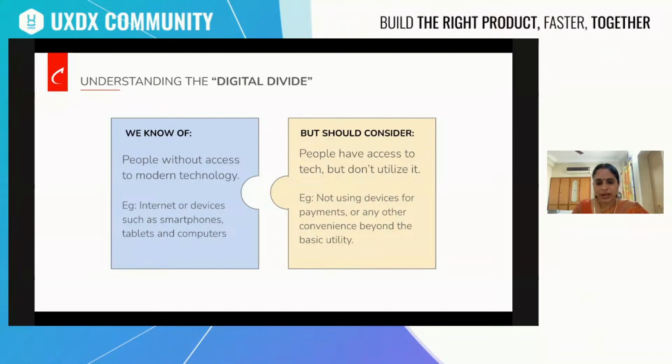Now, should we consider these people as part of the segment where they're divided digitally? Probably yes, because they're not divided by hardware or internet access, but they definitely are divided in terms of user experience and how they consume information or use the internet or the devices.